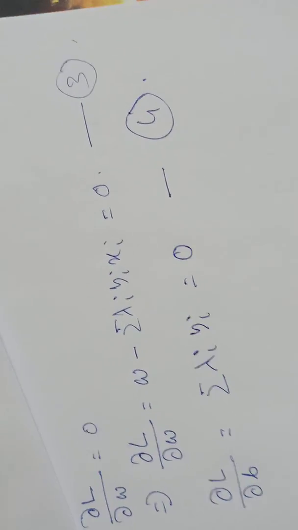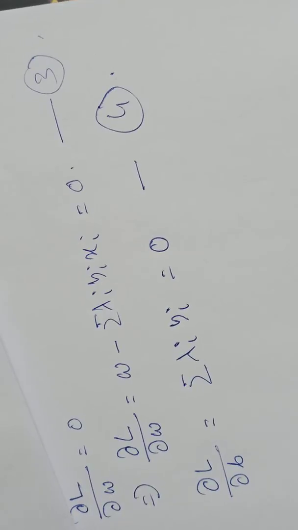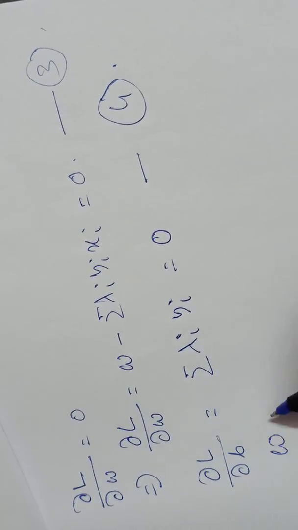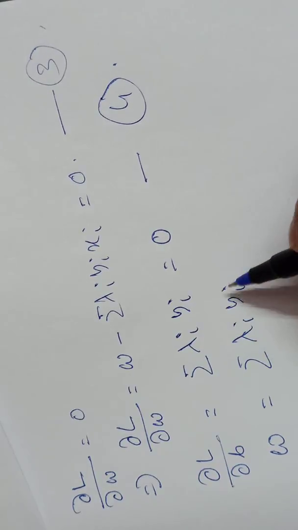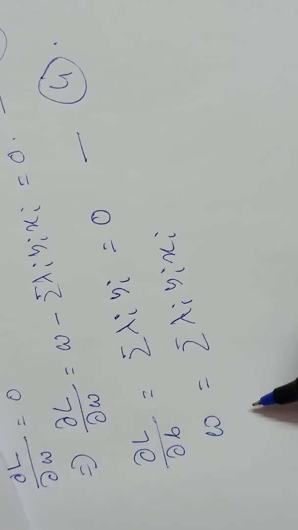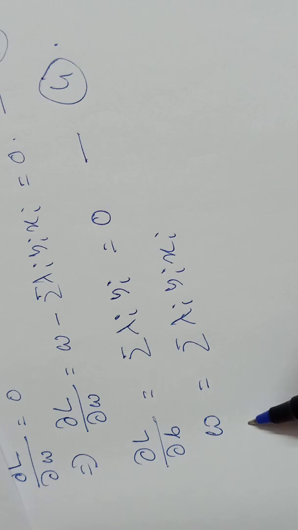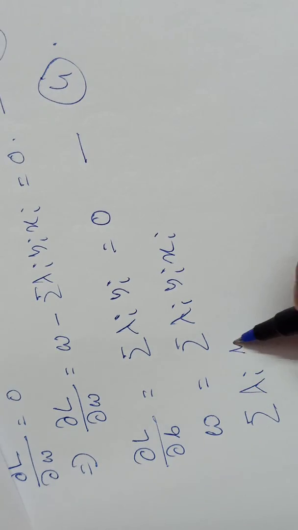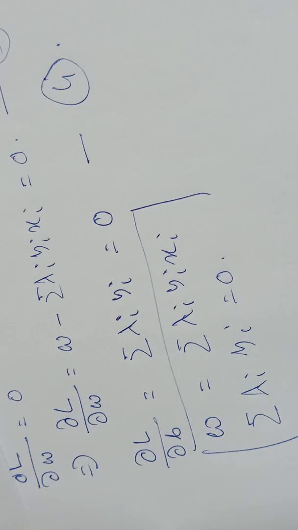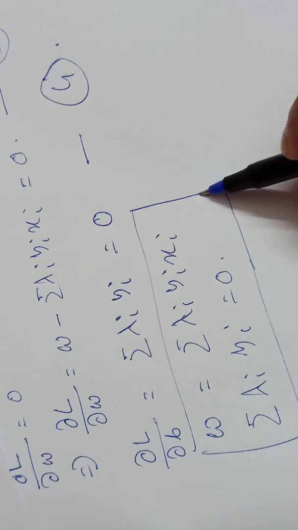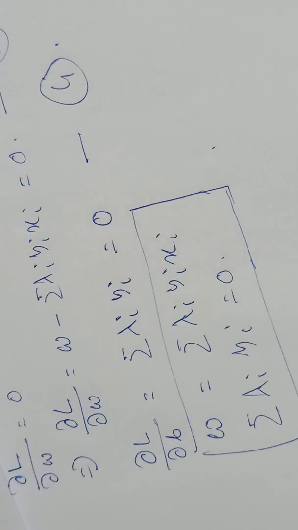So from equation 3 and equation 4 we can write that w is equal to the sum of lambda i yi xi, and this value, the sum of lambda i yi, is equal to 0. So we have got these two. Okay, right.